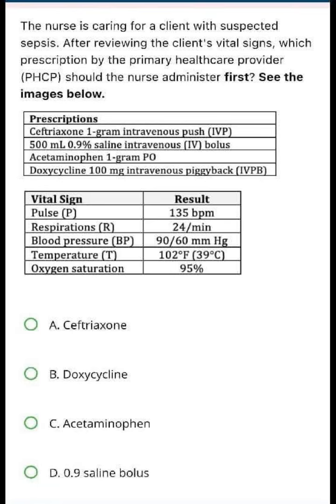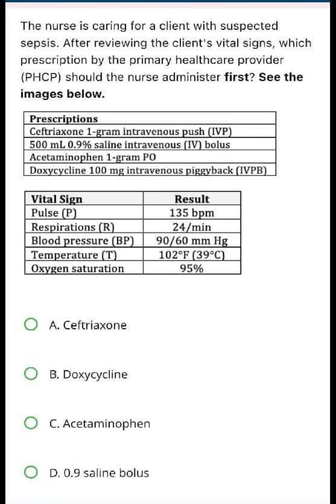So the question we're going to ask ourselves, among all of these signs and symptoms, which of them are normal, which of them are abnormal? Of course, we know oxygen level 95 is going down, but it is not an emergency right here, right now. So we can remove oxygen level out of it. Respiration of 24 is on a high normal, but we can also remove it because it's not an emergency.